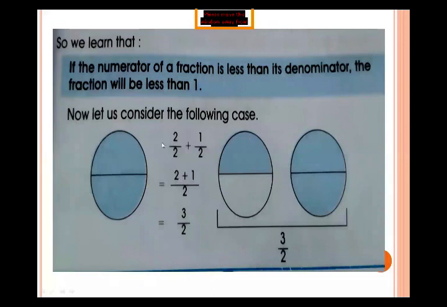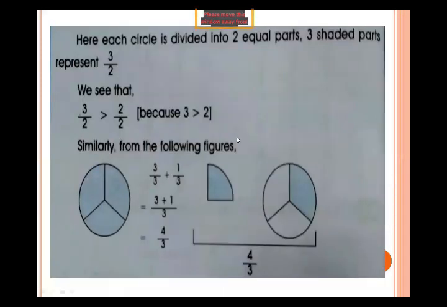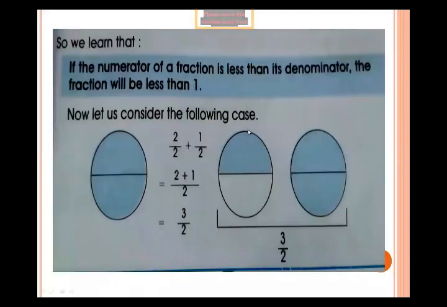Now look here at the same page of your textbook. In short, we summarize our explanation in this manner. Focus here, follow the statement. If the numerator of the fraction is less than its denominator, the fraction will be less than 1.